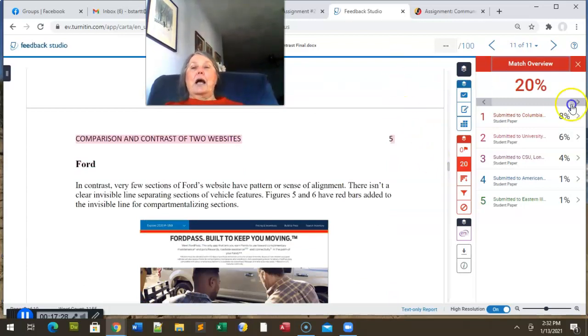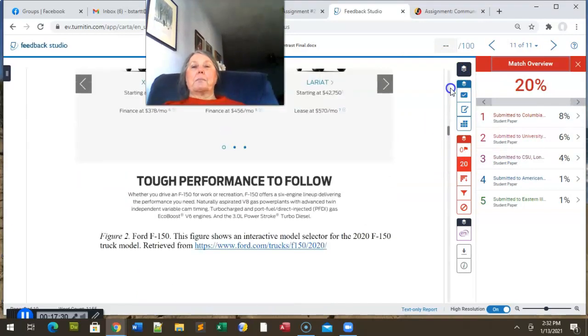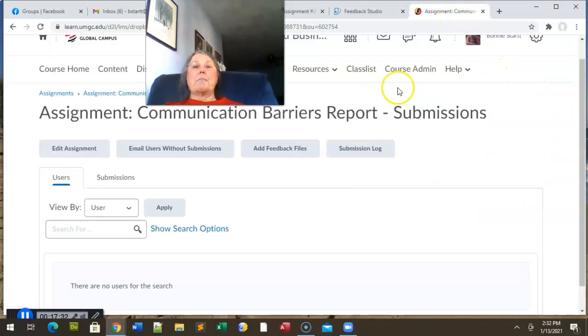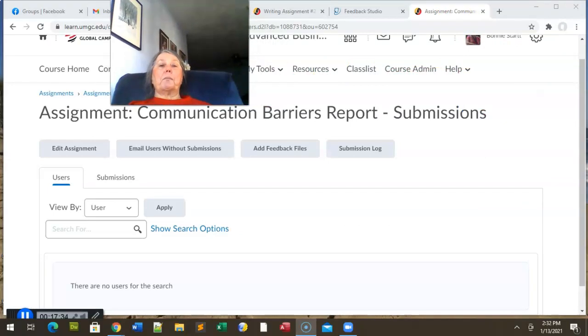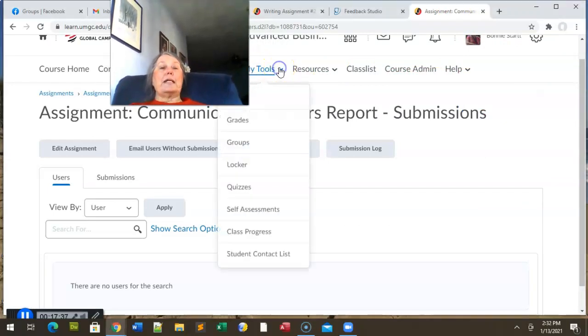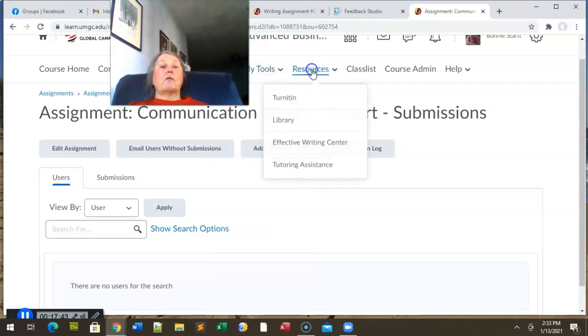All right, folks, go back up to our class assignment. Under My Tools, you'll be able to see your grades, and there'll be other things in here that we'll add later on. Resources, your Turnitin, selection to the library, the Writing Center, and tutoring assistance.